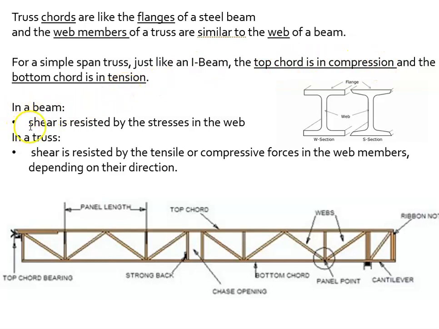In the beam here, shear is resisted by the stresses in the web, right? That's resisting shear right there, the webs. In a truss, shear is resisted by the tensile and compressive forces in the web members, depending on their direction. So similar, all right? But again, doing it much more efficiently. These are resisting any shear.